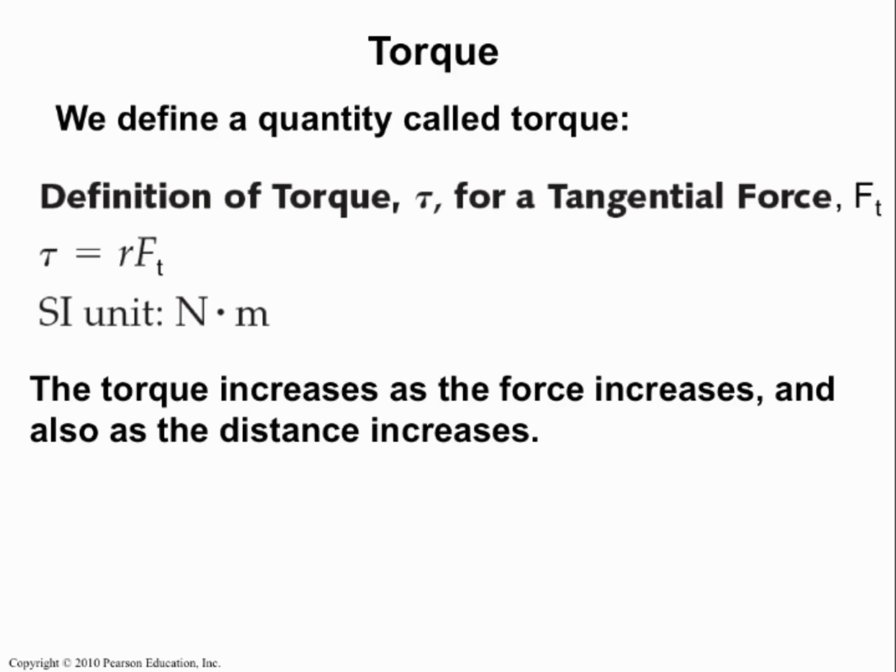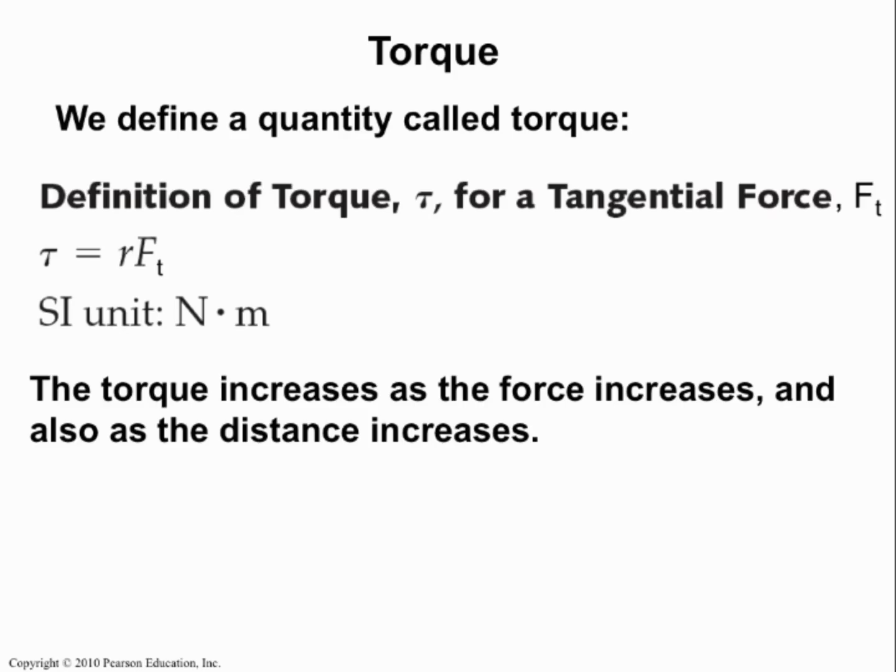Now, you may recognize this unit from the chapter on work and energy. Newton meter is actually the unit for work and energy, but there's an important difference. When we're talking about Newton meters with energy, those Newton meters are equivalent to joules, and it's a scalar quantity. In other words, energy and work are always scalars. They're not vectors.